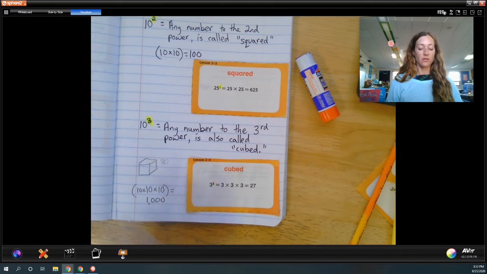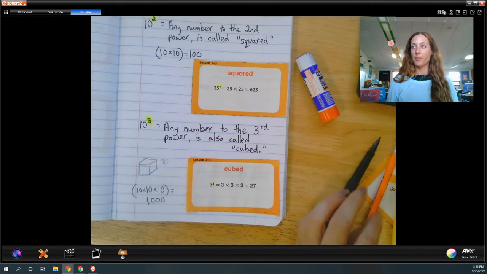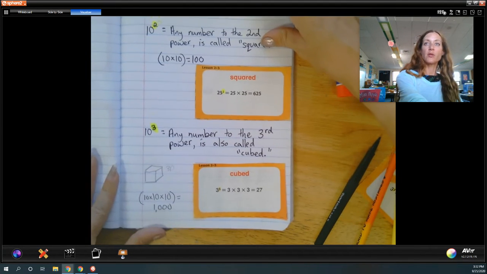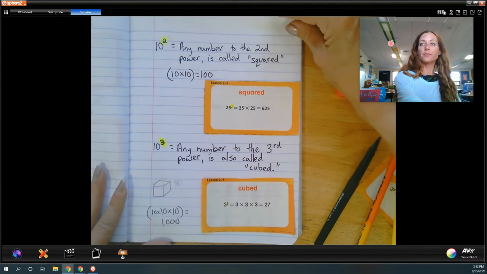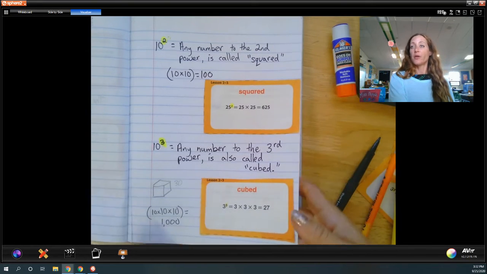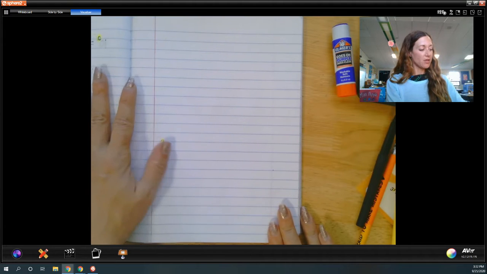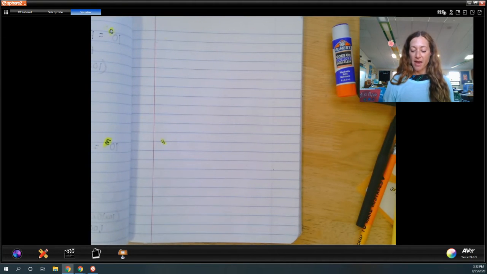Okay, we're going to do one more example. We're going to talk about the power of 10. Remember, you can always pause it, rewind it. Hopefully your notes are looking more professional than mine. All right, so the next page we're going to work on is powers.